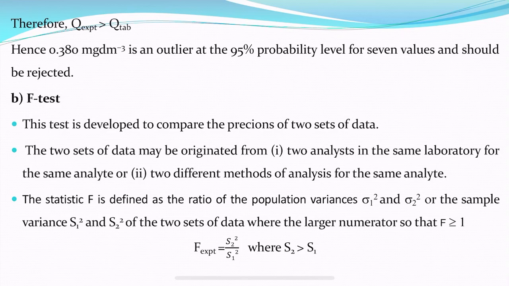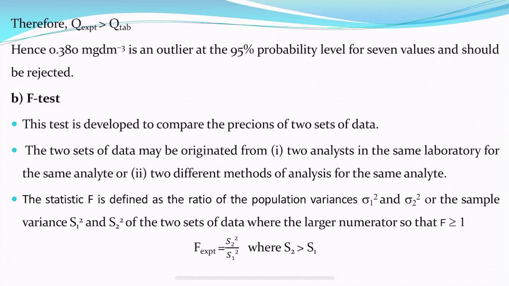In this way the Q test is used, and the second one is the F test. This test is developed to compare the precision of two sets of data. In the Q test we examined one value, a suspected value or outlier, whereas in the F test we compare the precision of two sets of data.